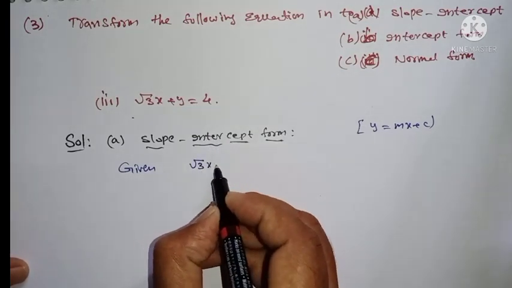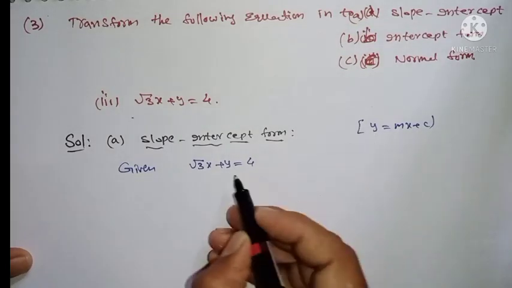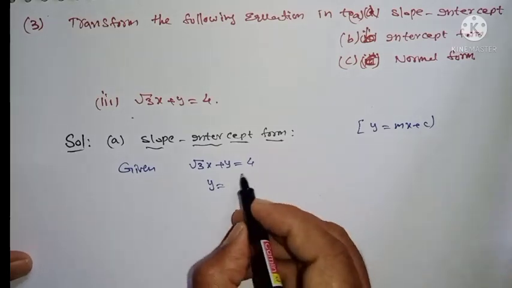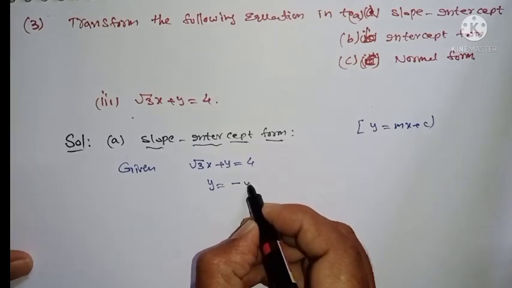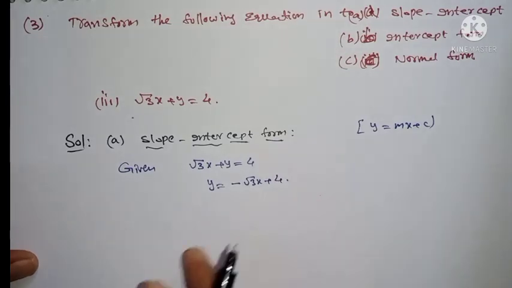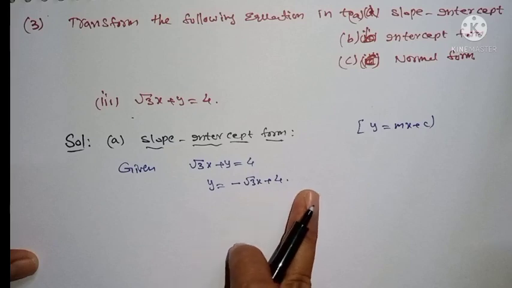Root 3x plus y is equal to 4 is given. Therefore, you can write y as it is and bring the x terms to the RHS: minus root 3x plus 4. This is the direct form you are getting. Y is equal to minus root 3x plus 4 only.